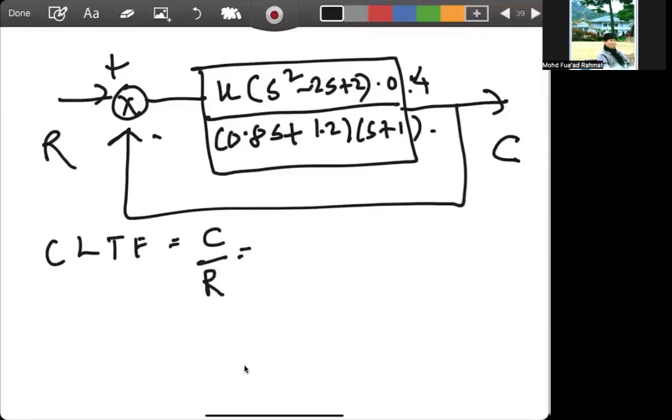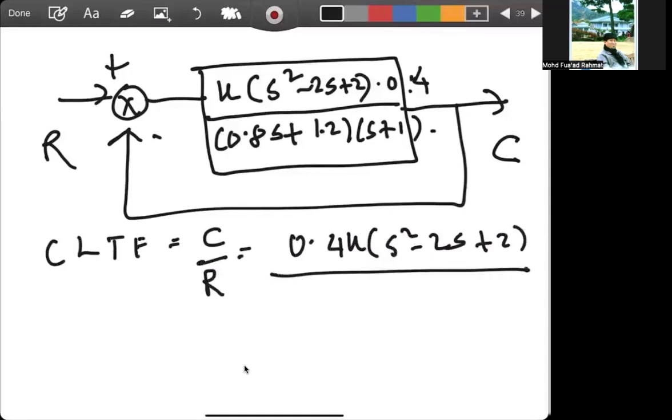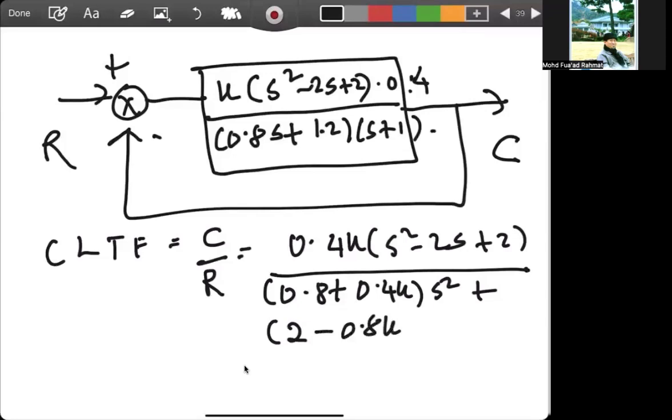So you will get 0.4k plus 2 over 0.8 plus 0.4k. Okay.